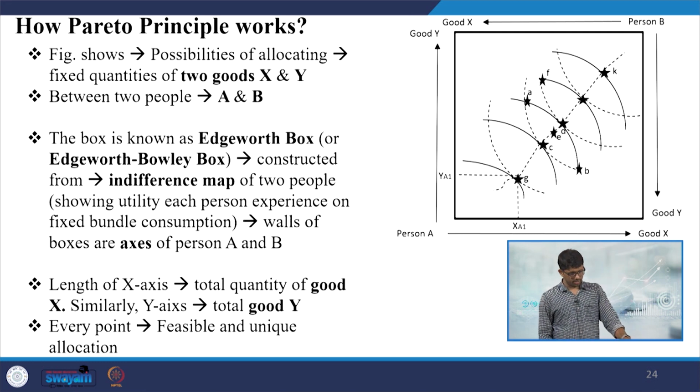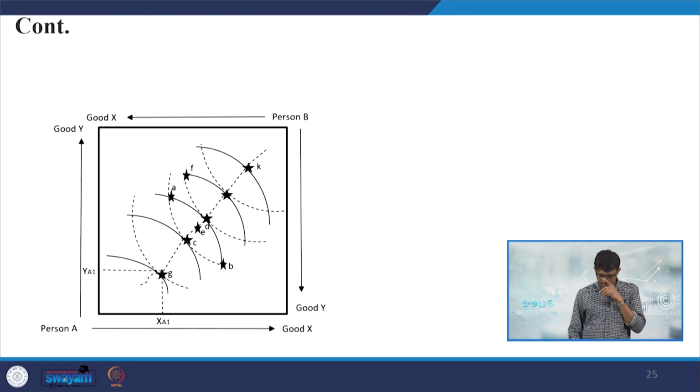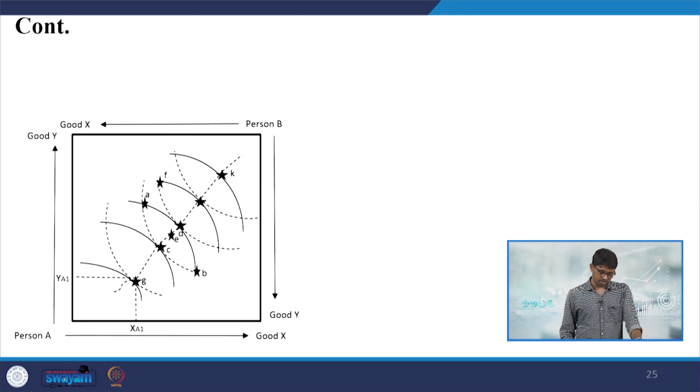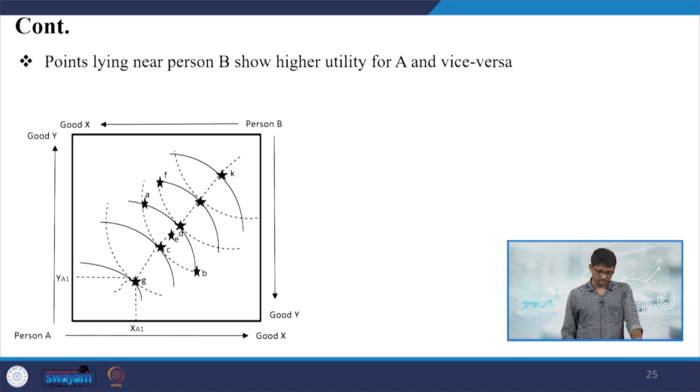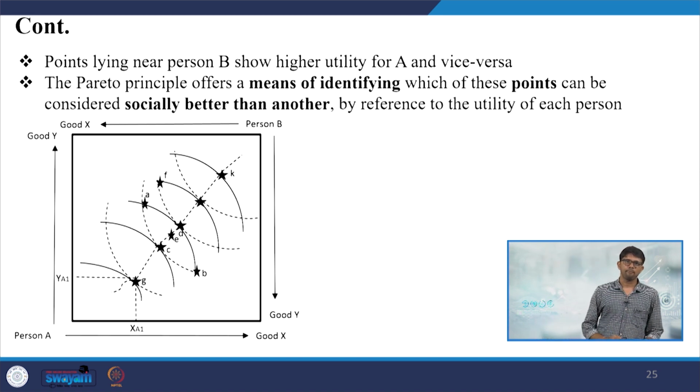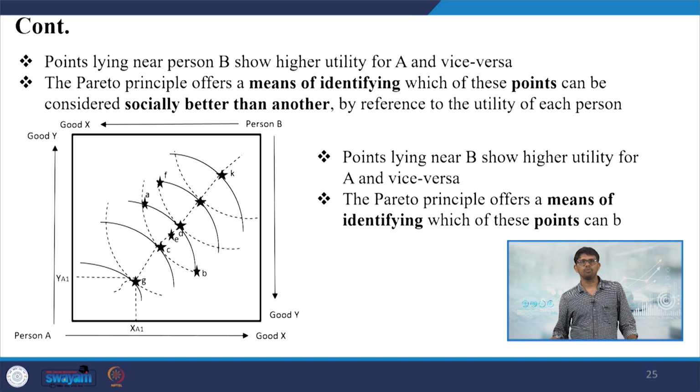So, every point that is feasible defines a unique allocation. Now, we will discuss the best possible bundles where both consumers simultaneously try to reach their optimum level of satisfaction. The Pareto principle offers a means of identifying which of these points can be considered socially better than another one.